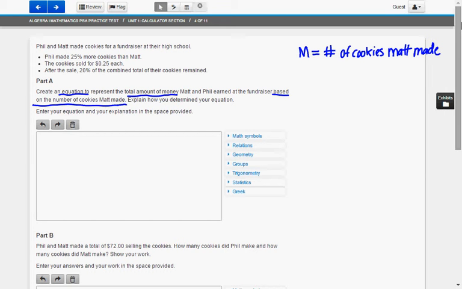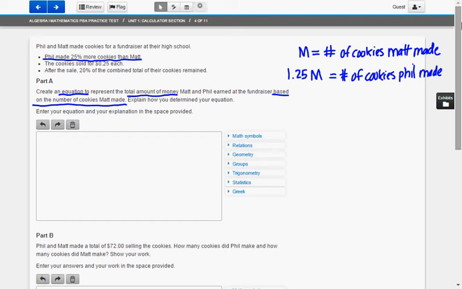Based on that, I know that Phil made 25% more cookies than Matt. So if I want to represent the number of cookies that Phil made, 25% more than what Matt made, I need to take the number of cookies that Matt made and multiply by 1.25.